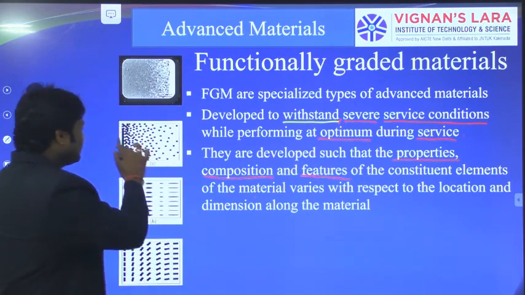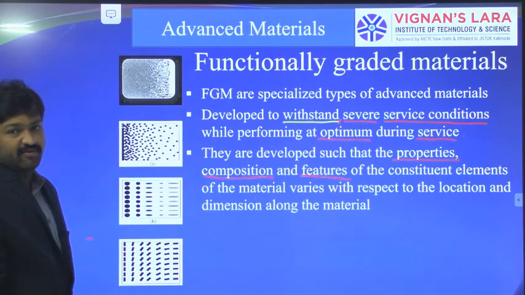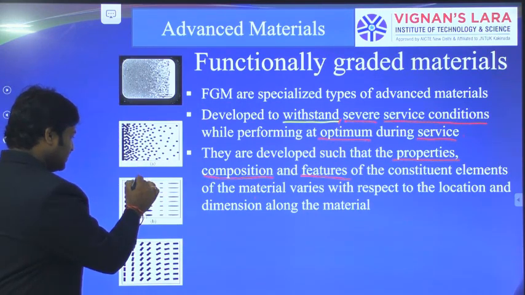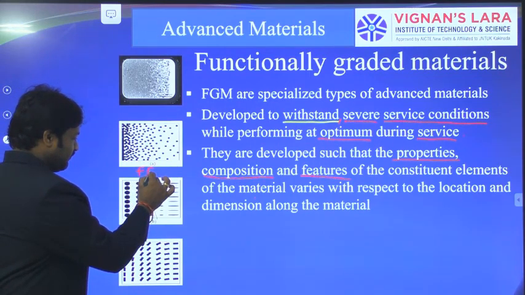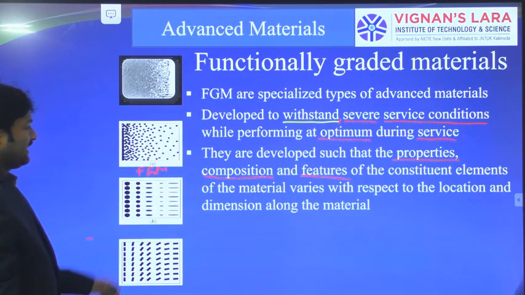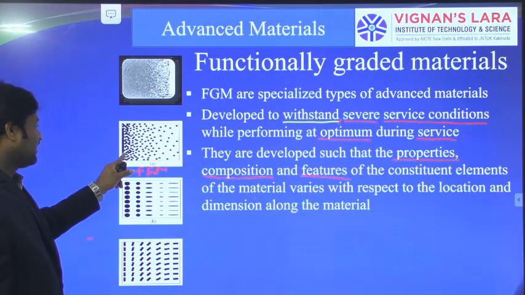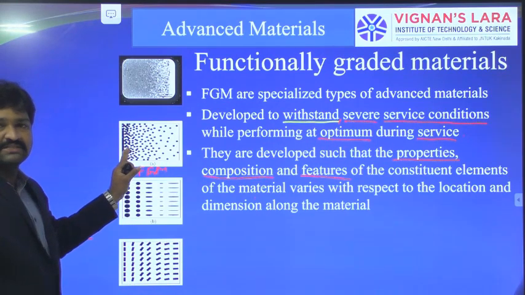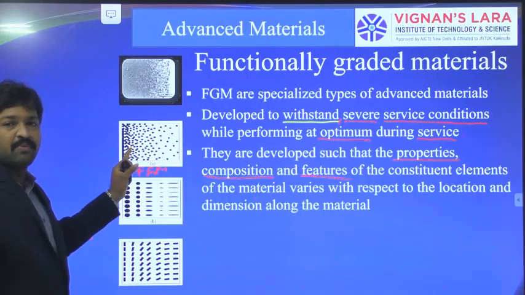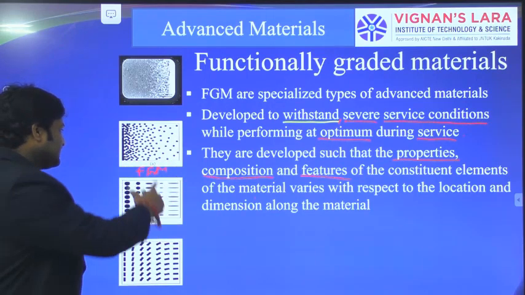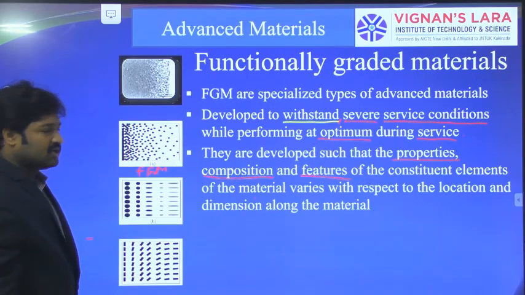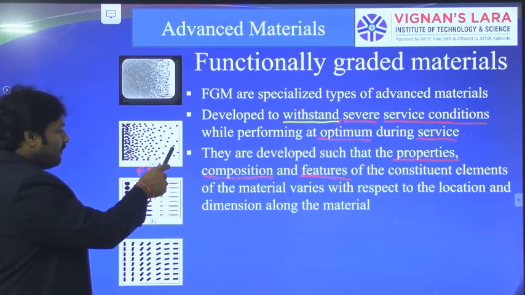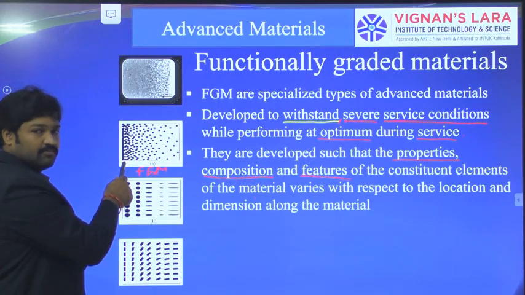So if we consider a functionally graded material, an FGM, and we test the properties at different locations, the properties will vary. Why? Because of the composition of our component. If you observe, there are many black spots compared to at the bottom.